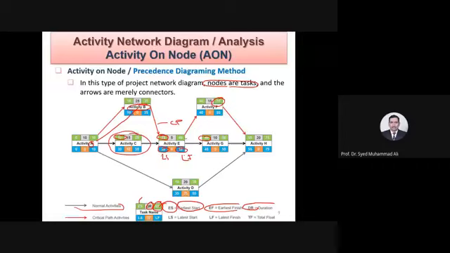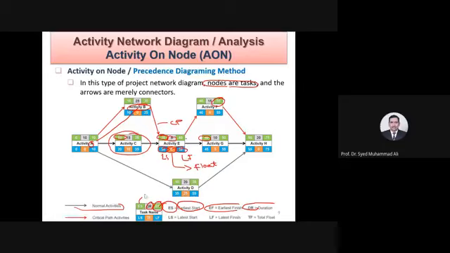Late start, late finish. Duration. And this last one is called the float, or total float. Float means the margin by which this activity can fluctuate from one point to the other. You have the margin of delaying it by this much time.